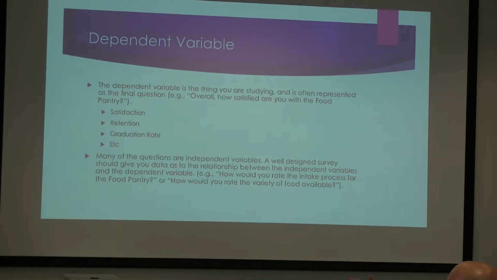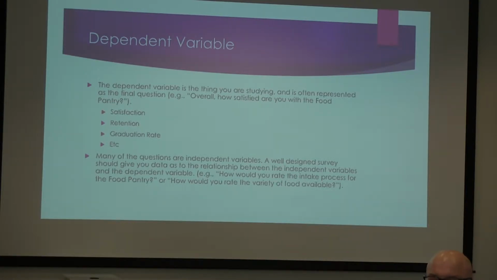So the dependent variable is ultimately the thing you're studying. We do a lot of satisfaction, retention, graduation rates, etc. And then many of the questions are independent variables. A well-designed survey is going to give you data on the relationship between the independent variables and the dependent variable. So if we're asking, are you satisfied with the food pantry, a lot of the things we measure are things that cannot be directly measured.